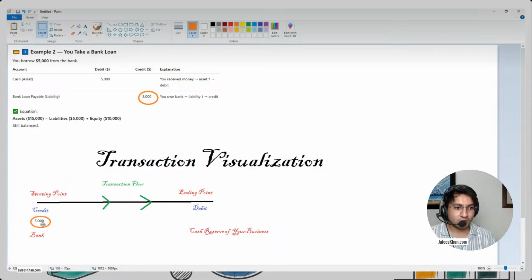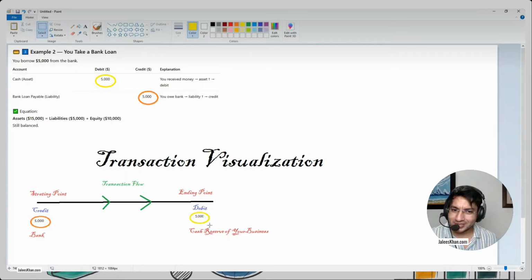The starting point there. And afterwards, that bank loan comes here. So there's the ending point. Okay, guys, so that's how it is. 5,000 comes here and ends here.